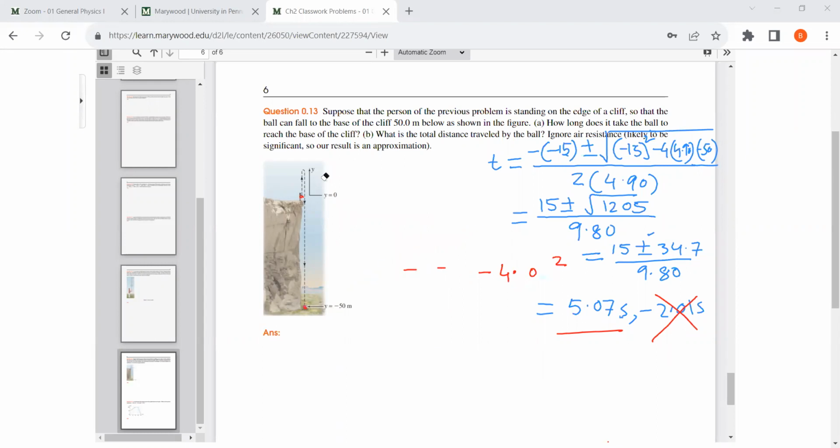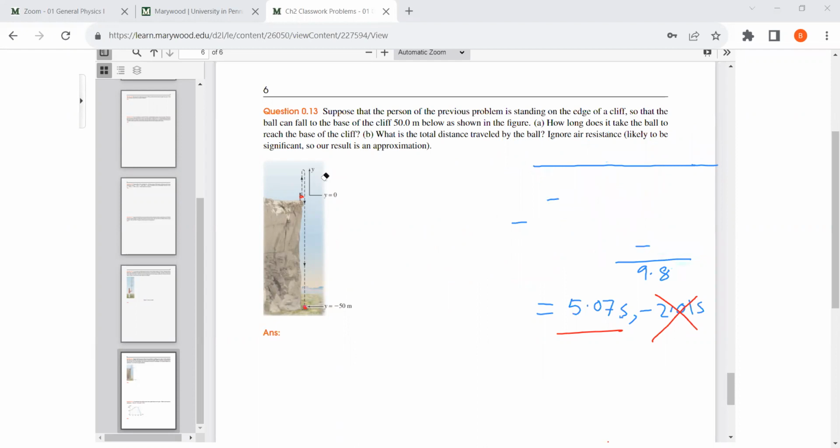The last part of this problem is: what is the total distance traveled by the ball? What is the total distance the ball travels?